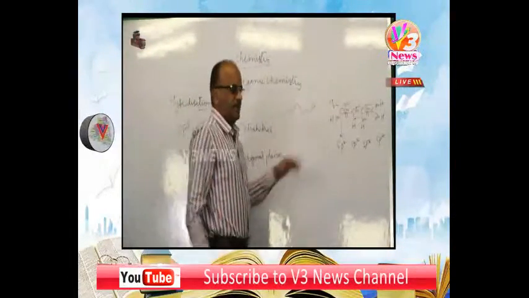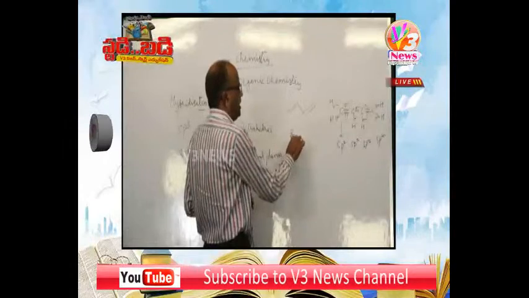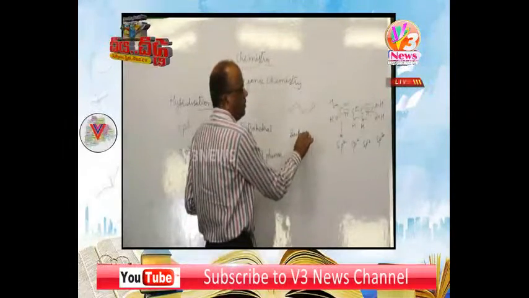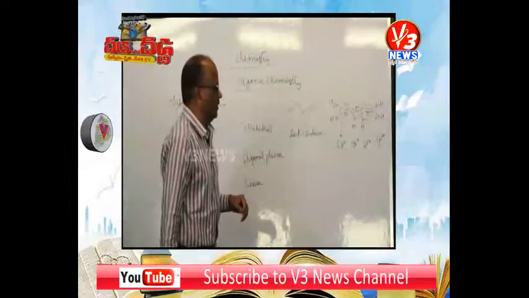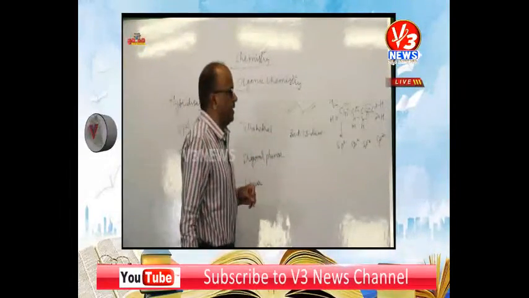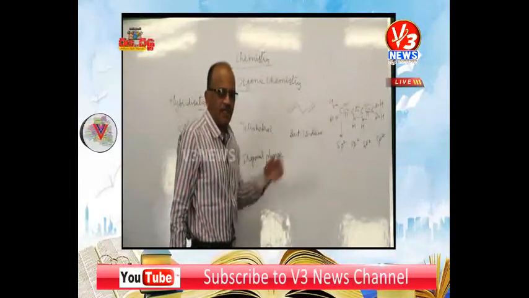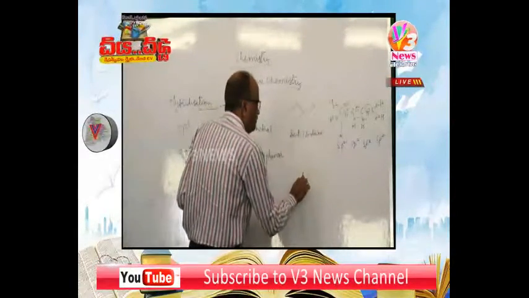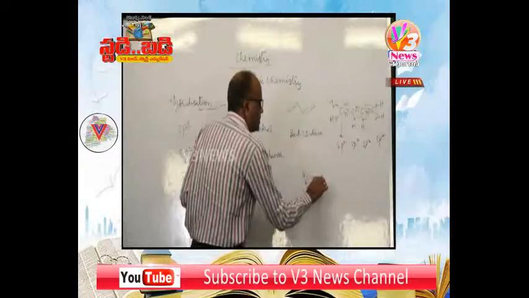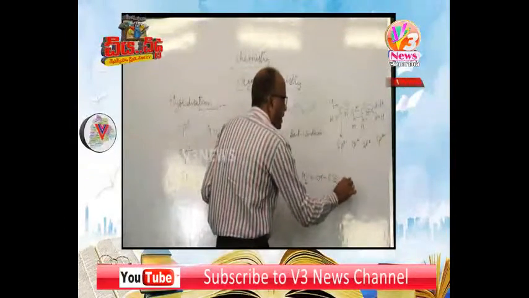I think you know the name of this compound. This is buta-1,3-diene, an alkadiene. In this all the carbon atoms have the same hybridization, that is sp2. Okay, we will take another example: CH2=CH-C≡CH.